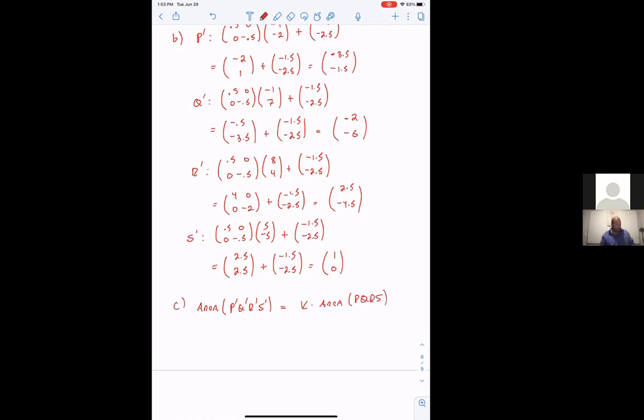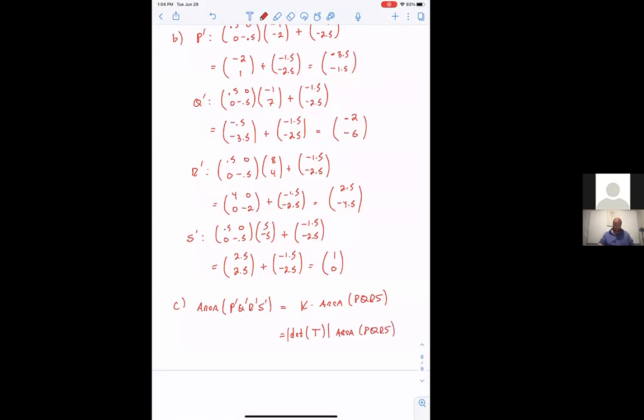And the question is, what is that value of k? What is that constant? Now, I also know that k is equal to the absolute value of the determinant of the overall transformation.